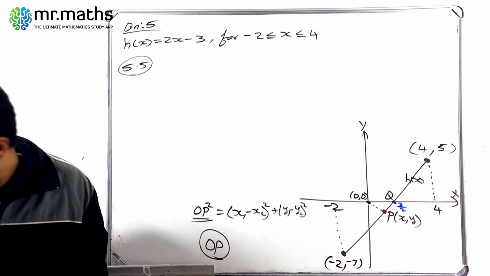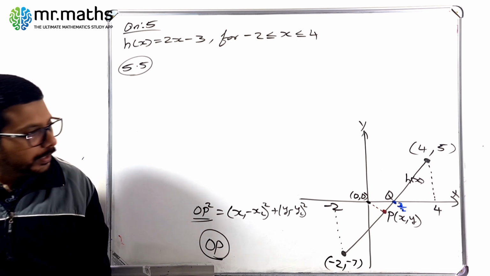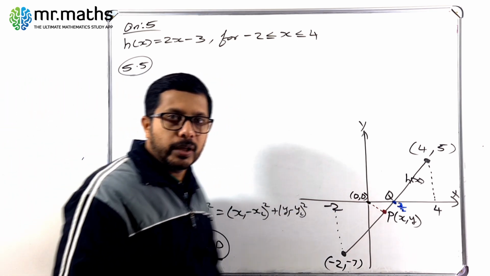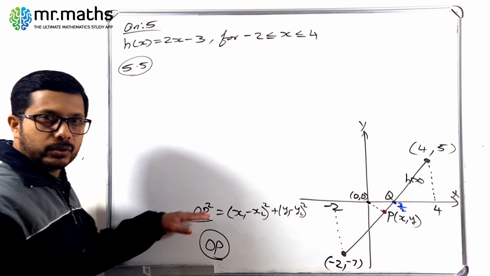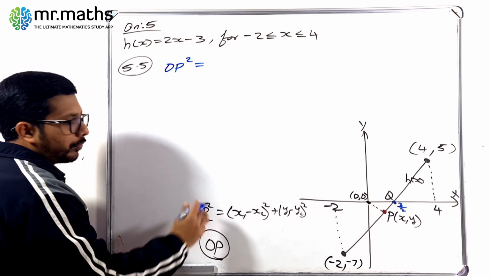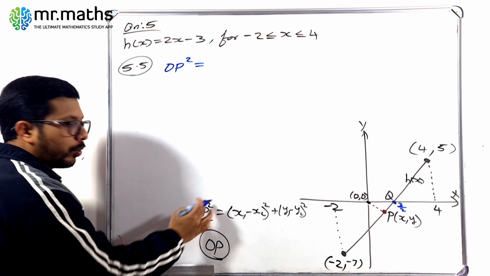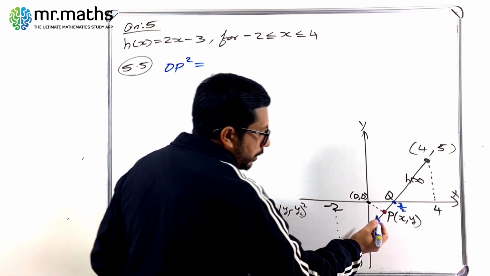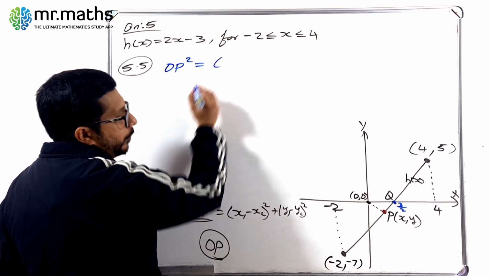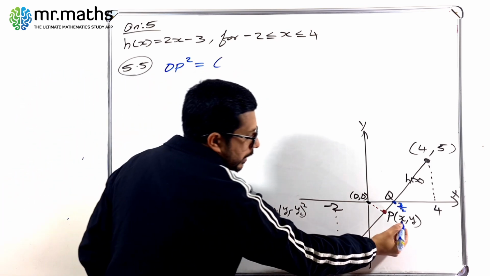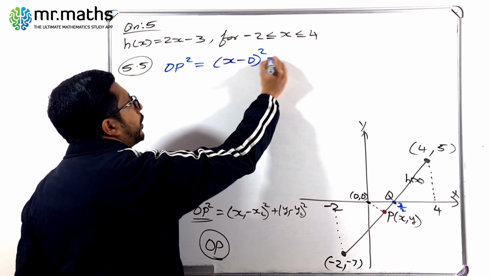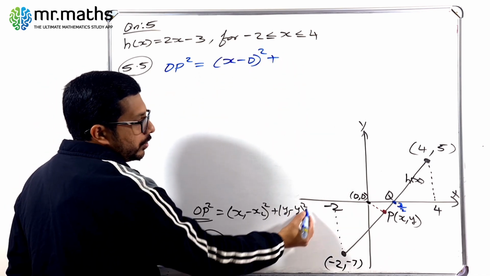What is OP square now? I am going to find the distance between O and P. We don't want to put a square root because it's OP square. Here OP square is (x1 minus x2) the whole square, so it is (x minus 0) square, plus (y1 minus y2) square.